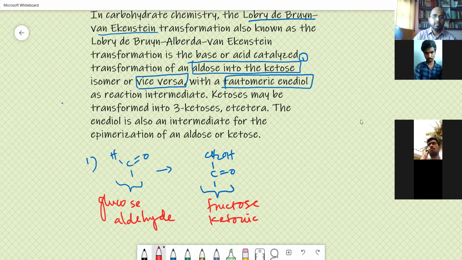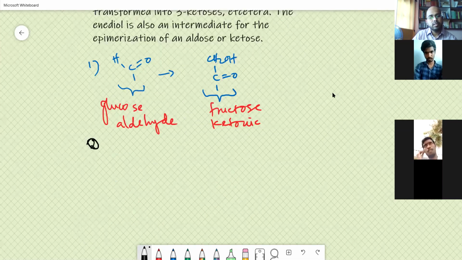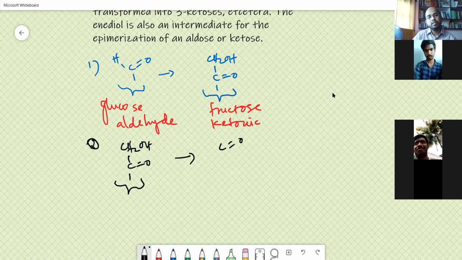Now the second one is the reverse of the same thing. You have CH2OH and C=O, and this is converted into CHO.